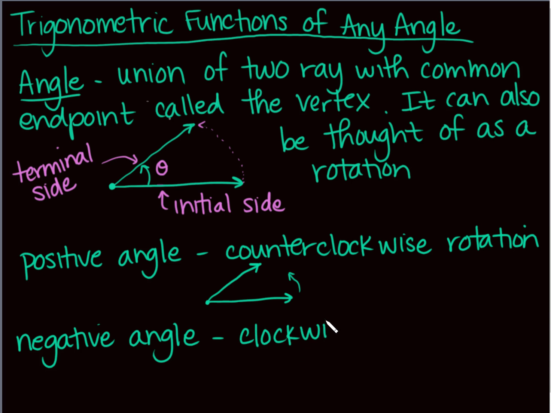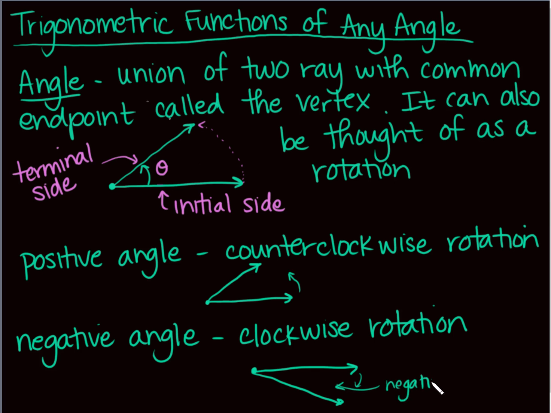We define a negative angle with my initial side, and instead of going up this way, which would be counterclockwise, I go down this way, and so I have an angle that is negative. You've probably seen some of this before. So let's talk about how we graph some of these angles and what they mean.